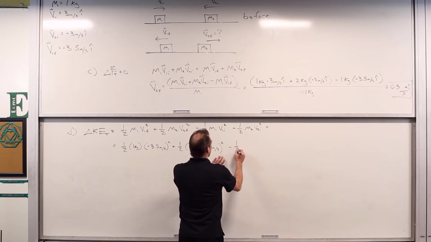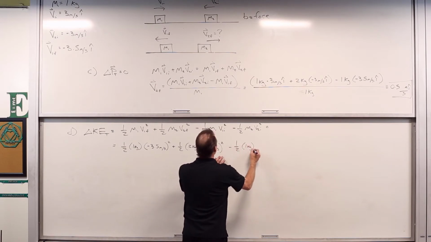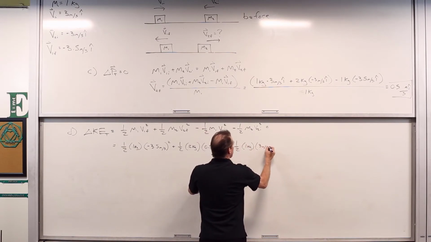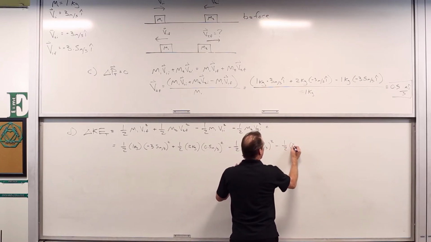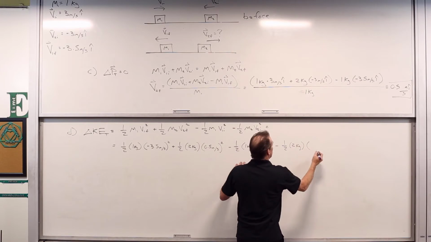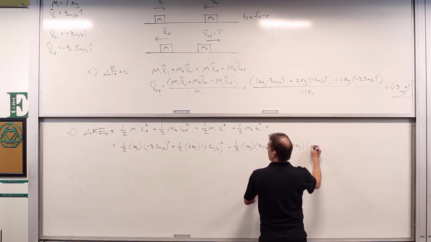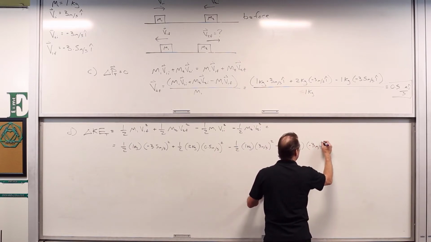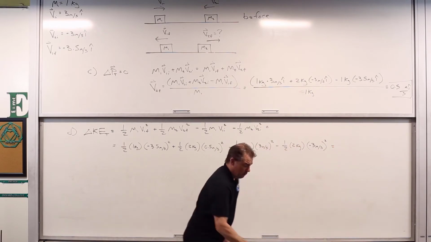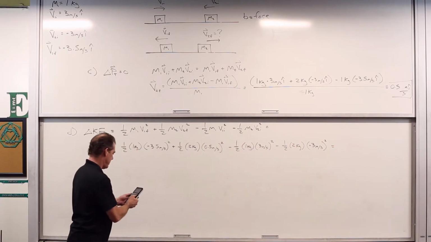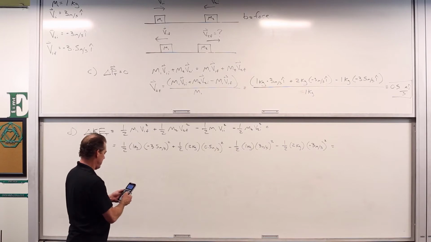We've got a minus 1/2 times 1 kilogram times 3 meters per second quantity squared minus 1/2 times 2 kilograms times initial was negative 3 meters per second quantity squared. Crunch this all out, and let's see what we get here.